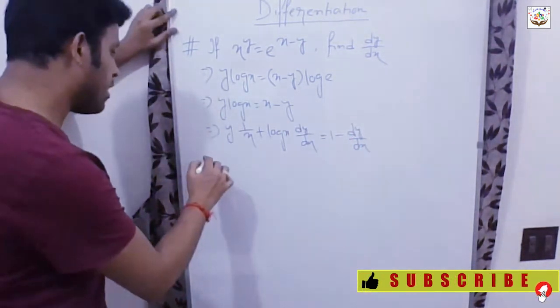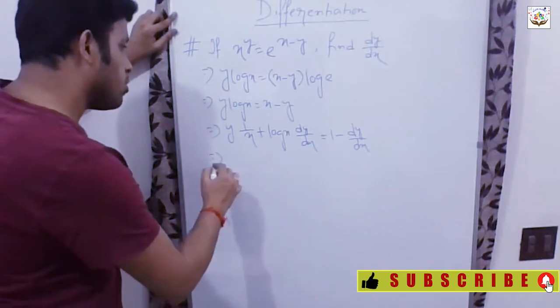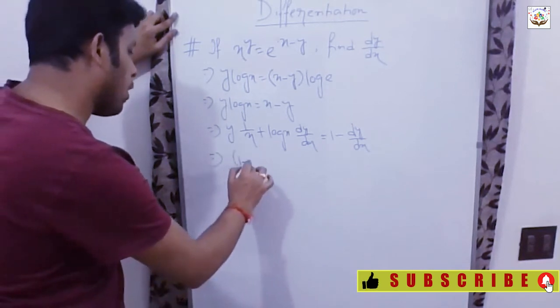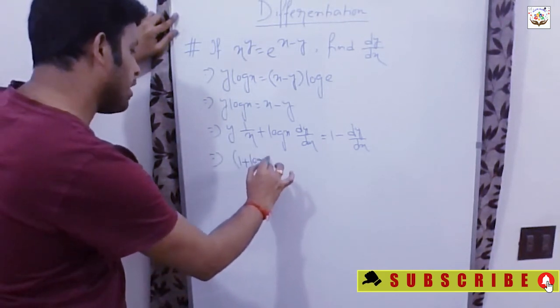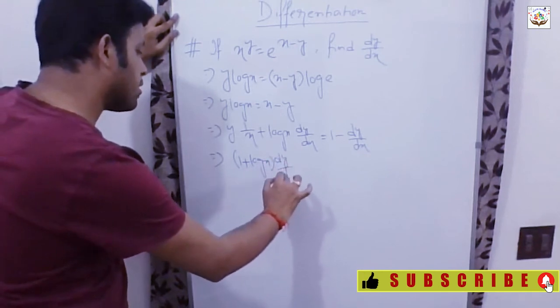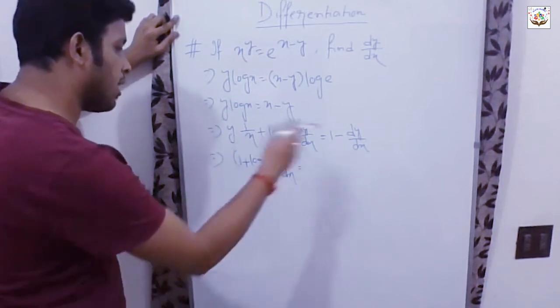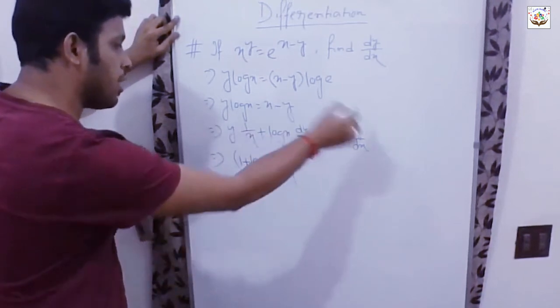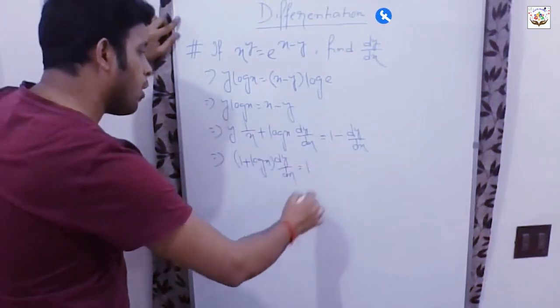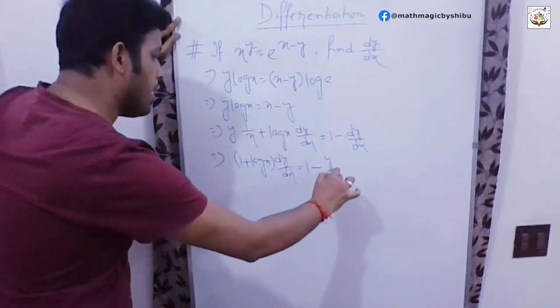Okay, so take the dy dx to one side, so we will have 1 plus log x into dy dx equals to, and let the other part go to the right side. So if we take y by x to the right side, it will be 1 minus y by x.